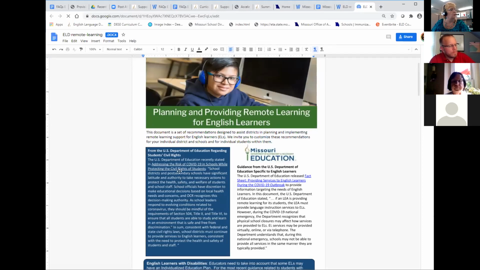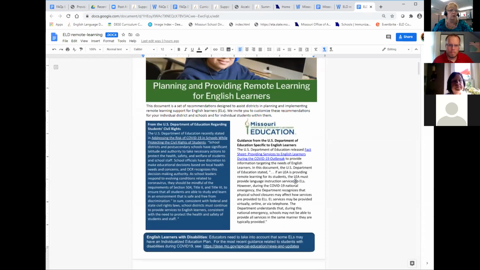And it starts out with information from a recent workshop that I went to with the Department of Education and Department of Justice and a couple of other agencies working together to come up with some guidance for moving forward into the new year. So the first one is regarding their civil rights, and then there's a document specific for ELs in this time of outbreak and what's required of our schools.